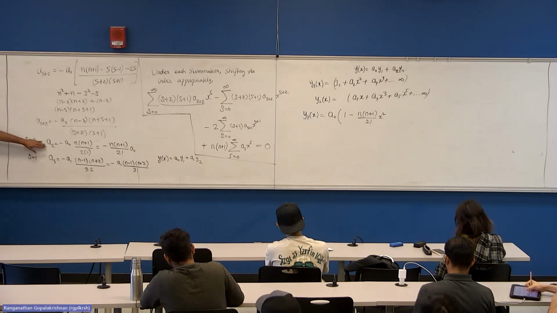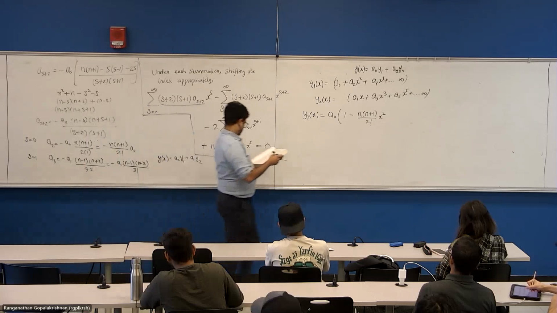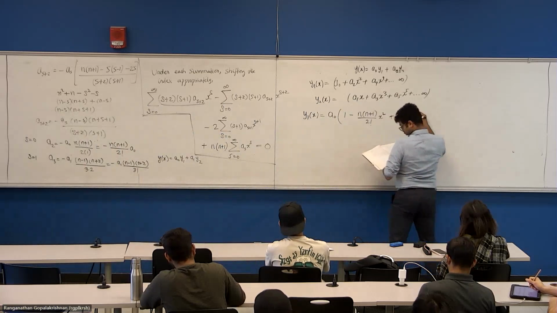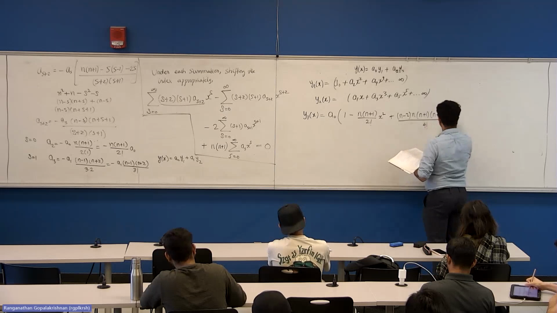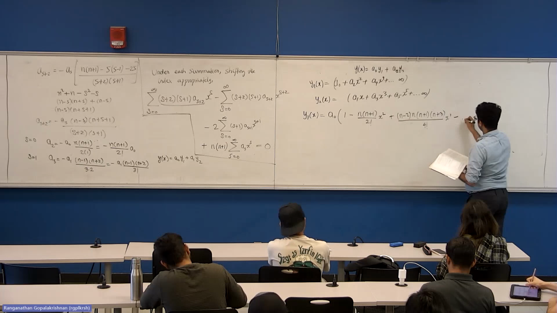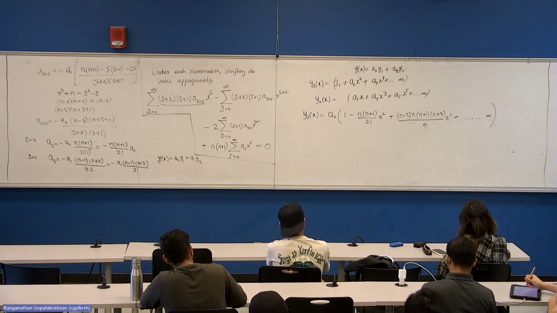And if you did calculate a4, a5 manually, you're going to get this. So I'm just going to copy this result from the book. Plus n minus 2 times n plus 1 times n plus 3 divided by 4 factorial x to the 4th. And the next term in the series is going to be a negative term. So we'll just say dot, dot, dot. That is your y1.